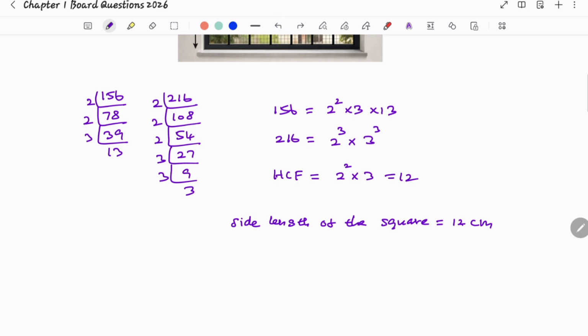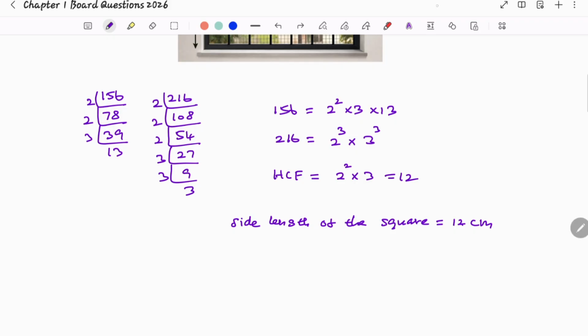Next question, find the total number of squares formed. To find the count, total measurements are 156 and 216, correct? So find the number of squares along the length and the number of squares along the width also.